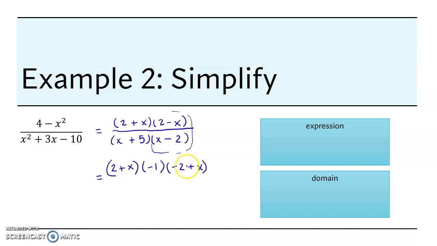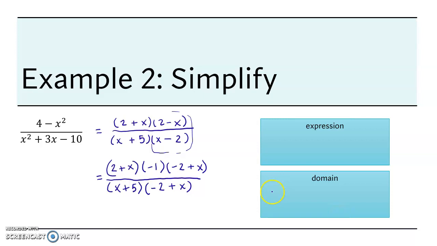Notice how if I multiply that -1 through the parentheses, I get the same thing that I had before. So I haven't really changed anything. I just wrote this a little bit differently. So then I have x plus 5, and I notice that this term is the same thing. It's -2 and +x. So now those two terms can divide and make 1.